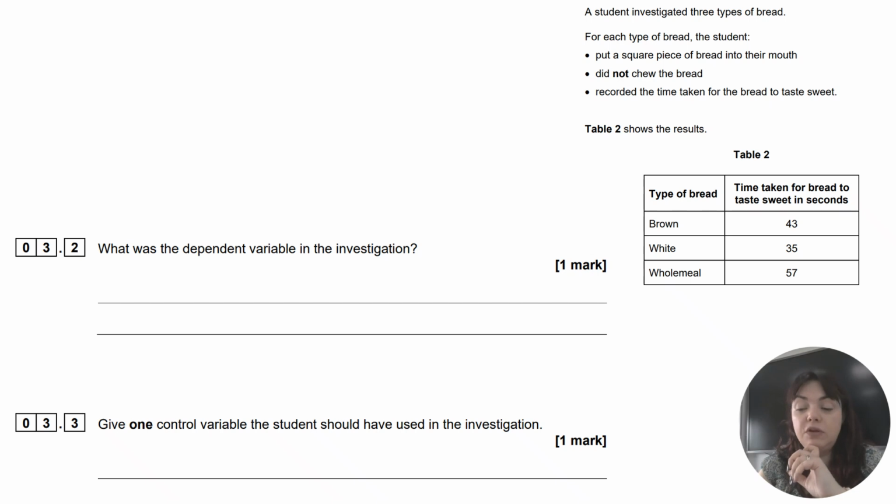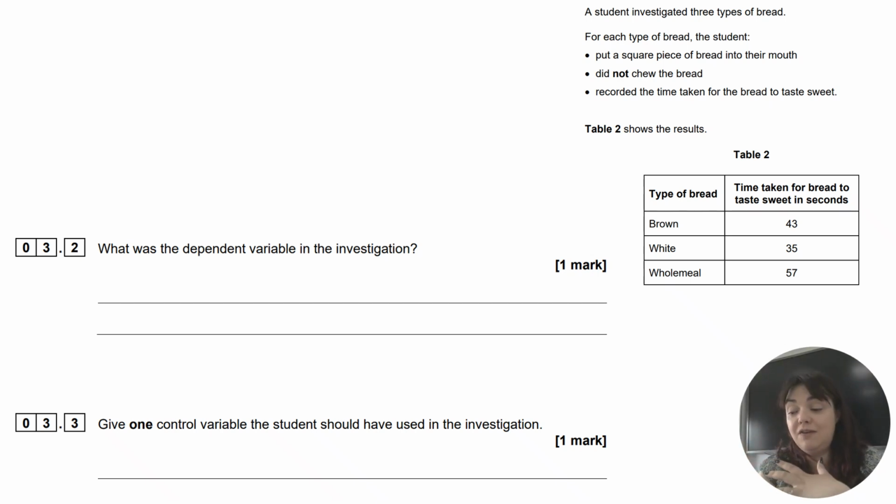It's asked here, what is the dependent variable in this investigation? So remember, the independent is what you change. The dependent is essentially what you are recording during the practical, and the control is what stays the same. What I always think of is the independent is the left-hand column and the dependent is the right-hand column.